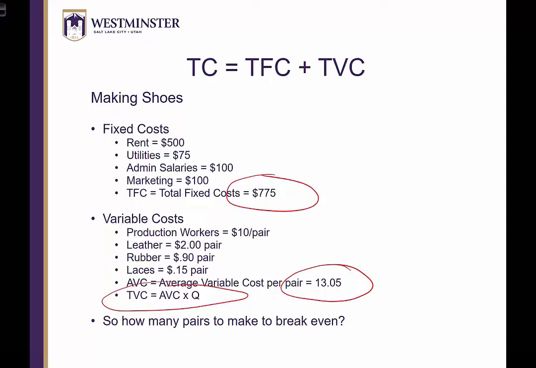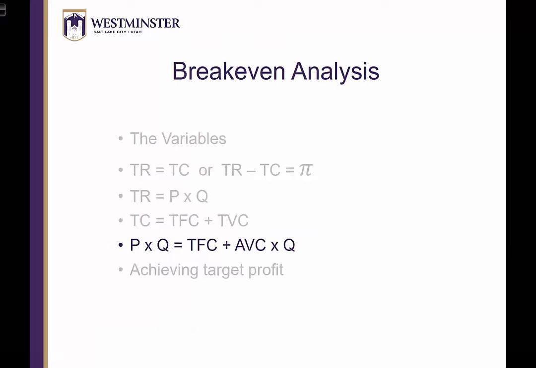This could be rearranged such that total variable cost divided by Q equals average variable cost. It would be the same equation, of course. So I've given it to you both ways. This then will be fed into an equation of price times quantity being equal to total fixed cost plus average variable cost times quantity, giving us our break-even quantity.